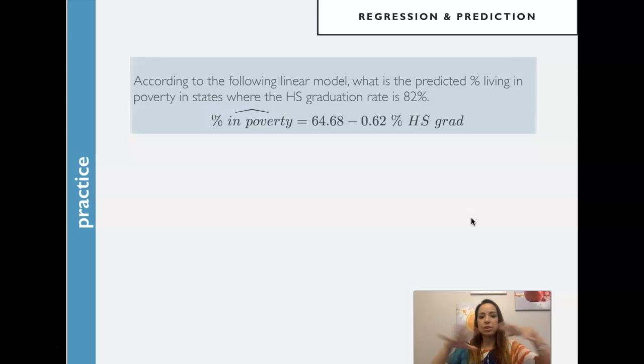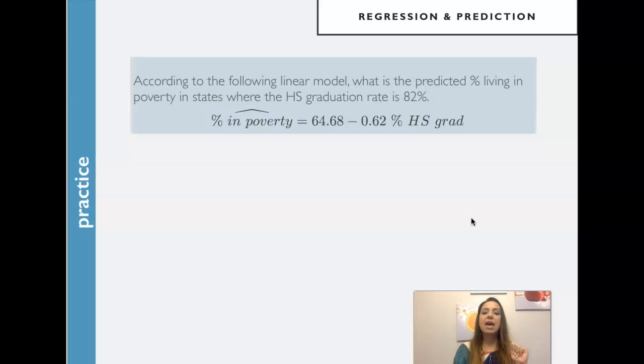The kind of observational data we're dealing with only says that the two things change together and they change in opposite directions. We cannot for sure say that if we change graduation, the amount of students graduating, we will change poverty levels. It is a hypothesis to be tested through intervention.